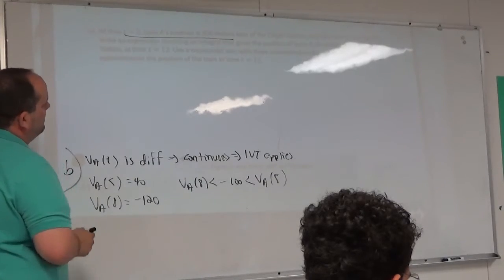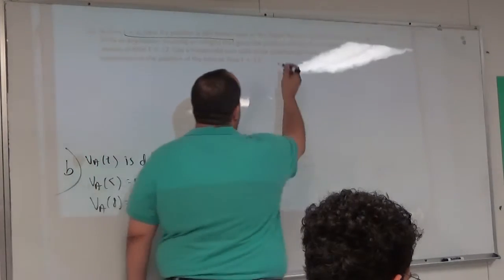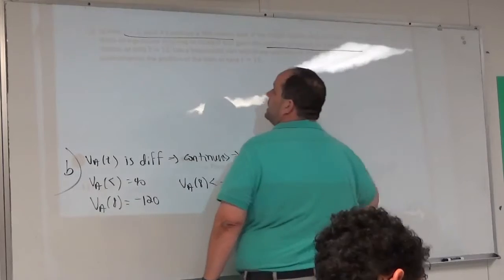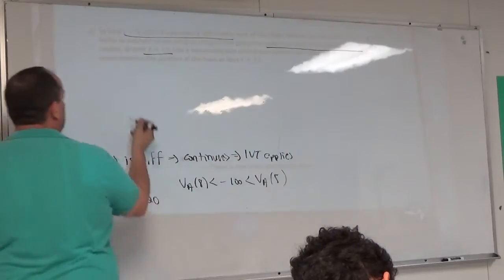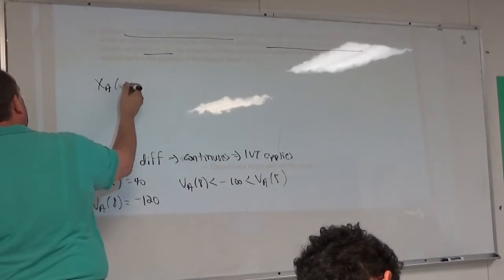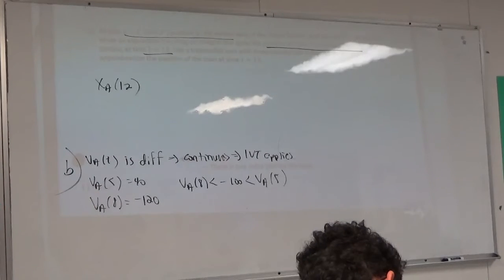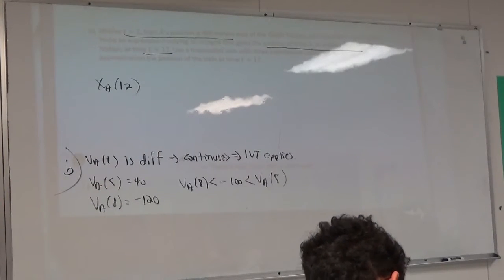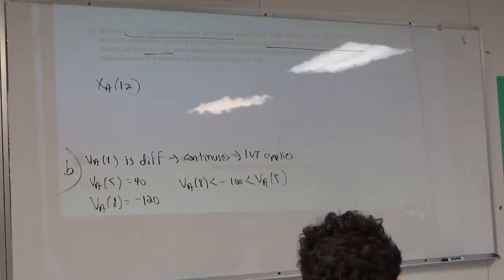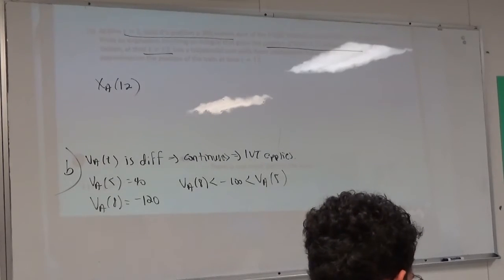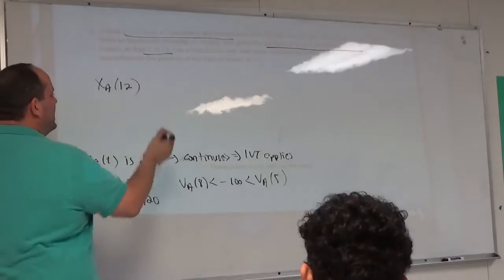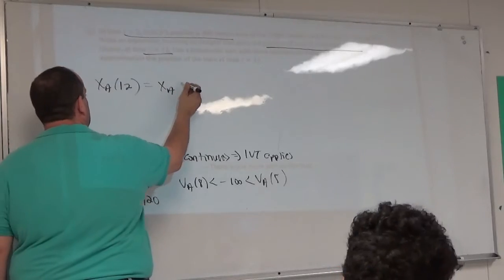Write an expression involving an integral that gives me the position of train A at time t equals 12. How do I get the position at time 12 if they told me the position at time 2? It's your fundamental theorem of calculus.